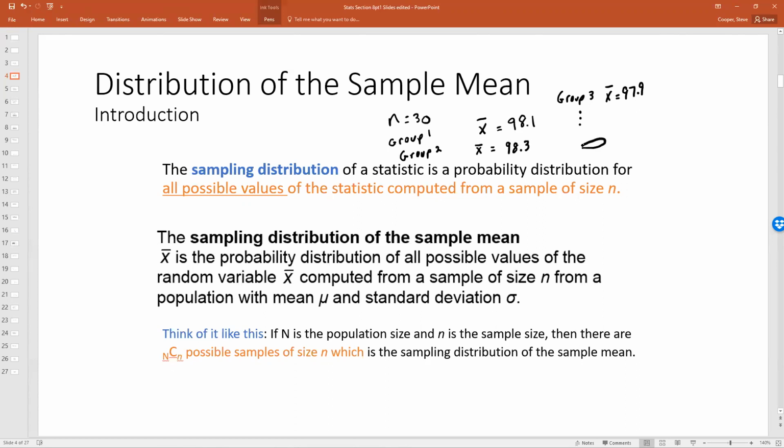Well, we're going to throw all these numbers into a bucket, and that's a bunch of numbers, and those numbers represent a distribution of exactly what they are: sample means.